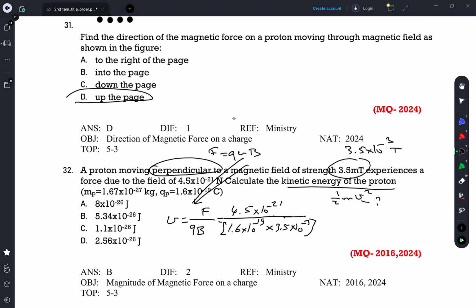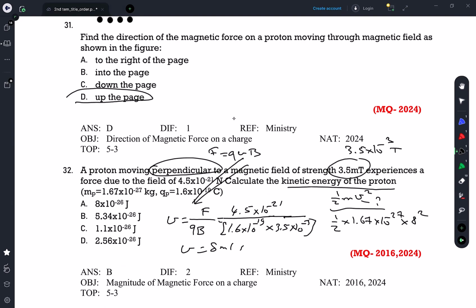The answer is 8. V is equal to 8 meters per second. After that, use the equation 1 over 2 times mass, given as 1.67 times 10 to the power of negative 27, times 8 squared.